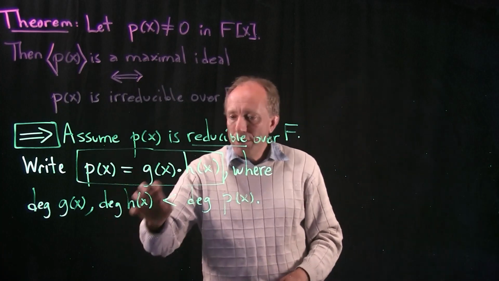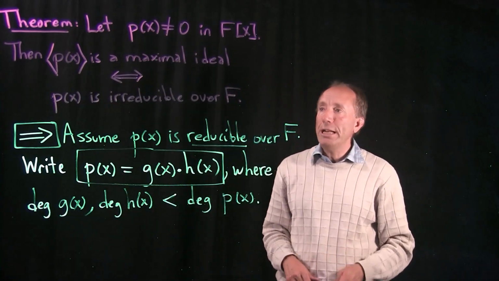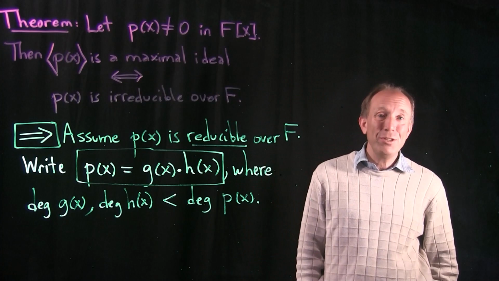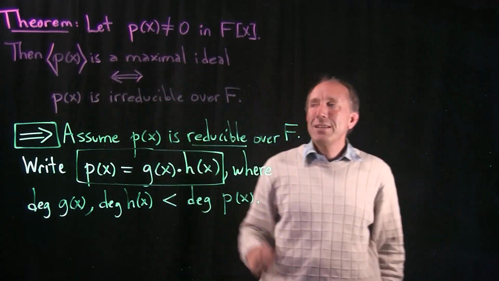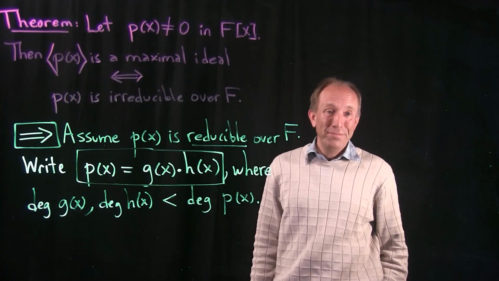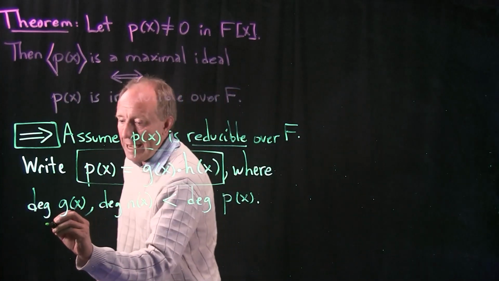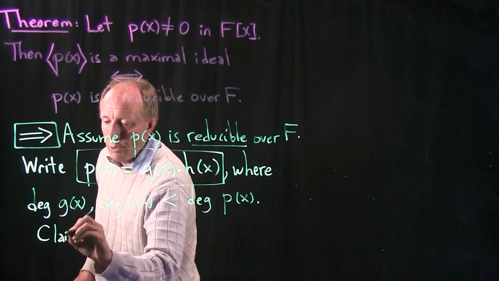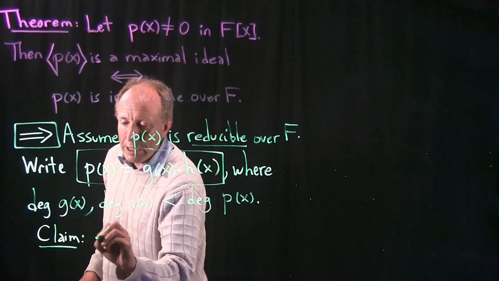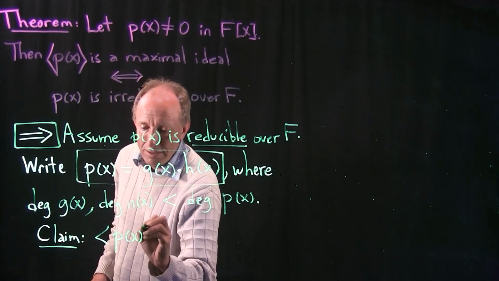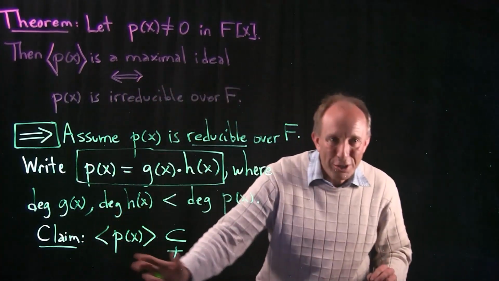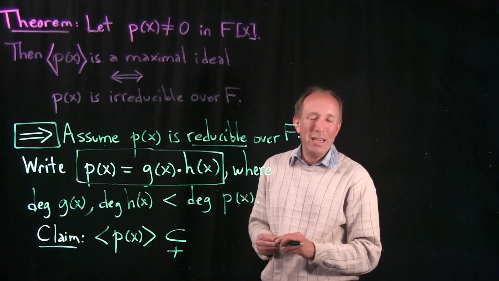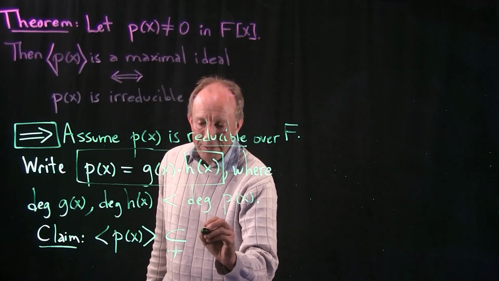g of x and h of x are strictly of lower degree, and I'm hopefully now going to convince you that the principal ideal generated by p of x is not maximal. And in fact, my claim will be that we can put another ideal larger than the principal ideal generated by p of x inside of here.